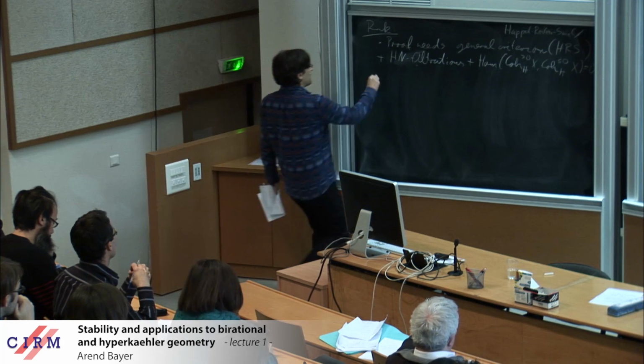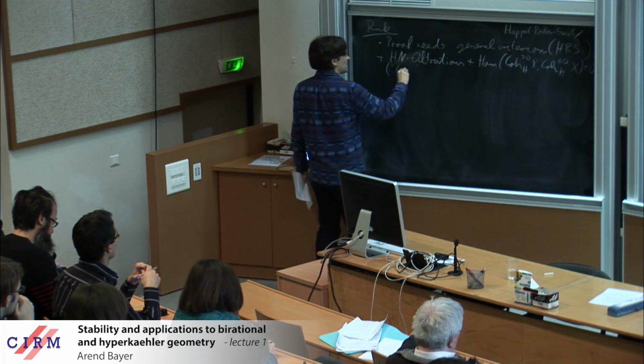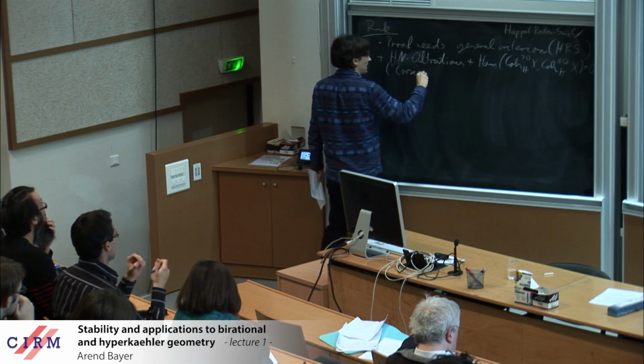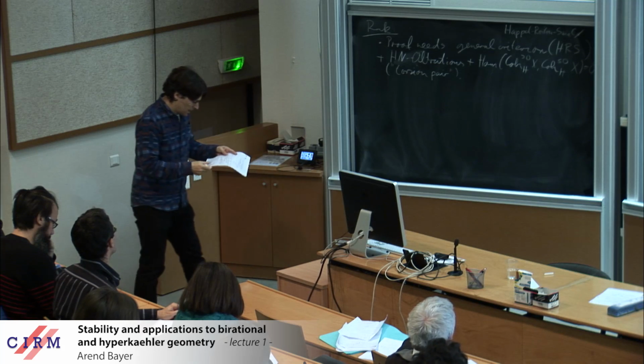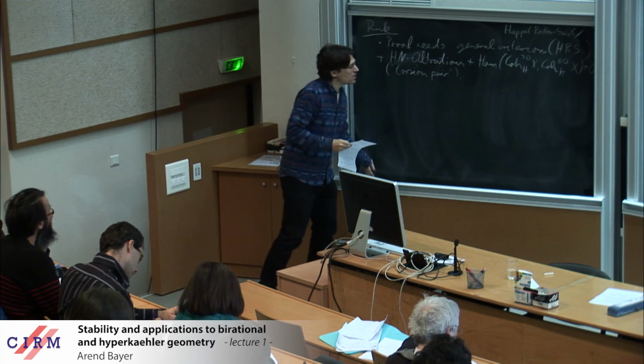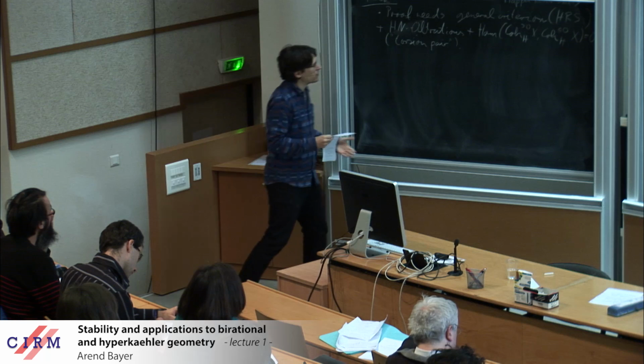Right, so the statement is that these two subcategories form a torsion pair. Okay, but I also want to make this abelian category a little bit more concrete.